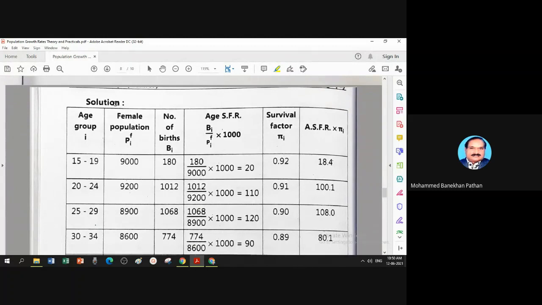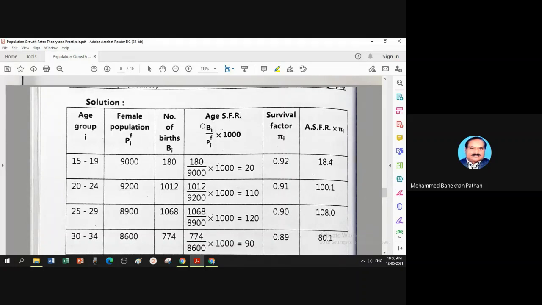This is the solution for question 1. Column number 1 from the data: age group, female population in that age group, number of births together, male and female, age specific fertility rate.